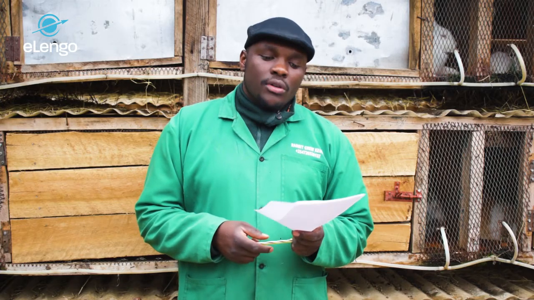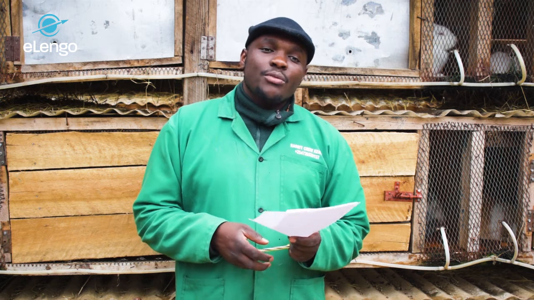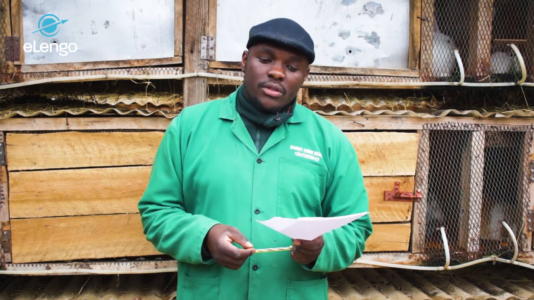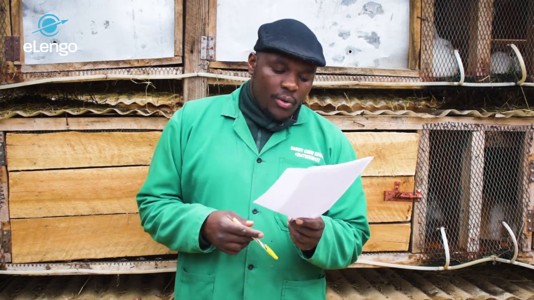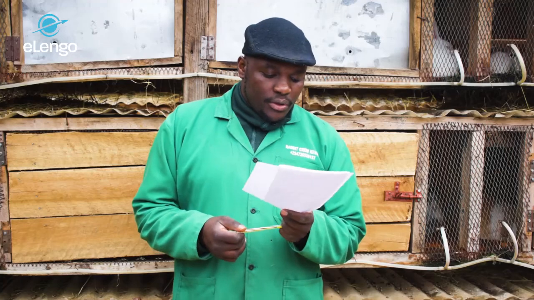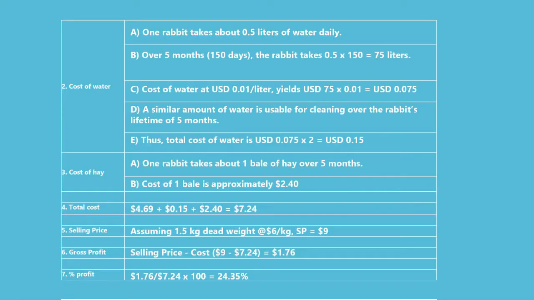We now calculate the cost of water, assuming that if you are bringing up your rabbits in an urban area where you have to buy water, there will be a cost involved. One rabbit will consume about half a liter of water per day. So we are going to assume that it's going to take 0.5 liters per day from birth up to the time of slaughter, over 150 days for 5 months.